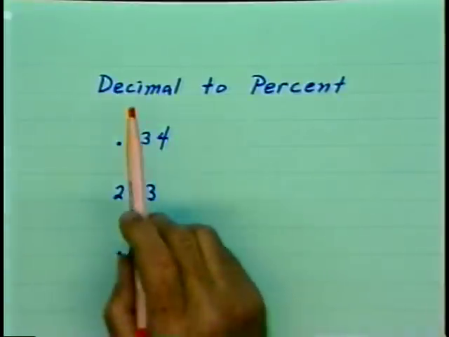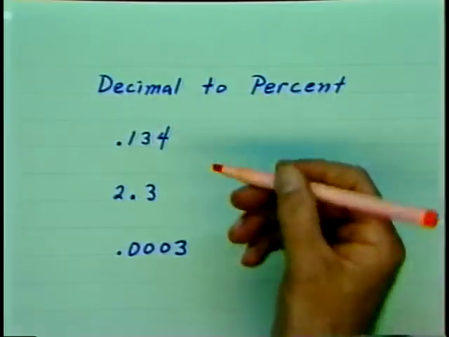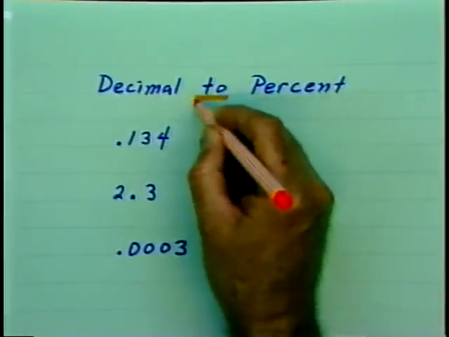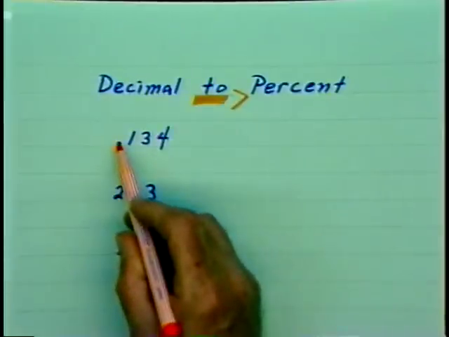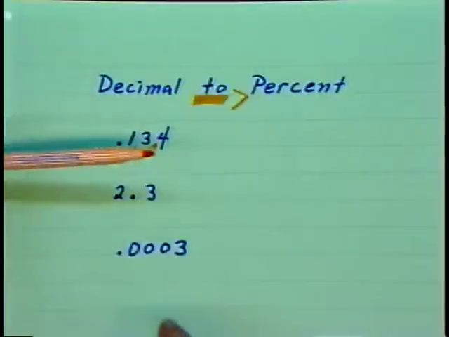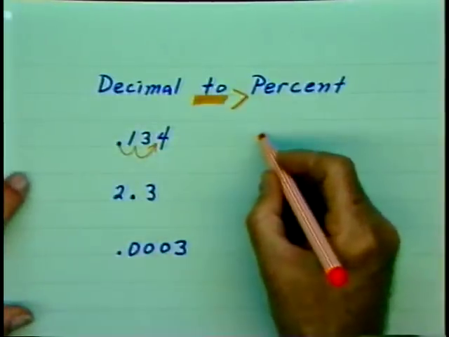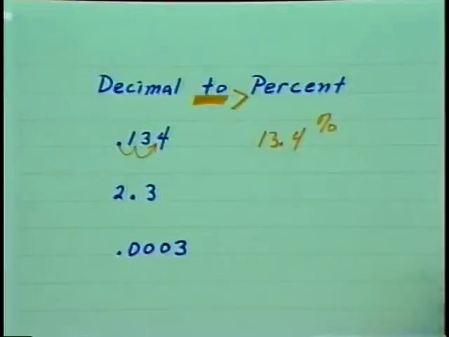To begin with, if you're going from a decimal representation to a percent, we had stated that the key was the words "to a percent," and that you simply move the decimal point 2 places towards where the percent is going to be, and then you just stick the percent sign on.